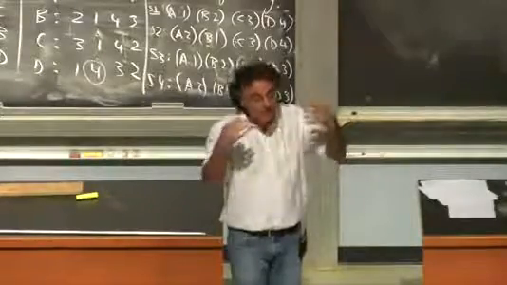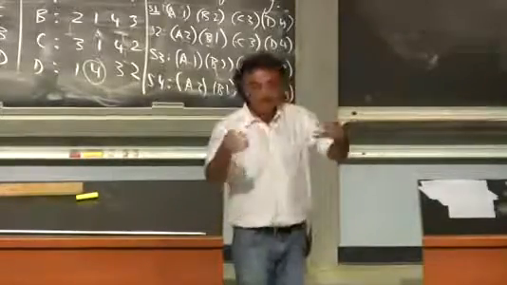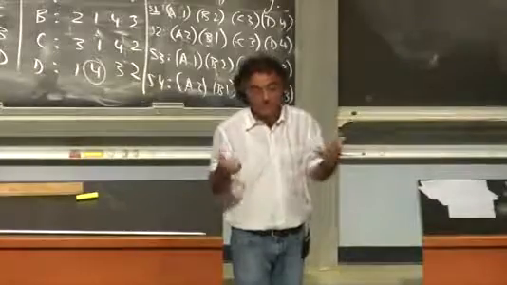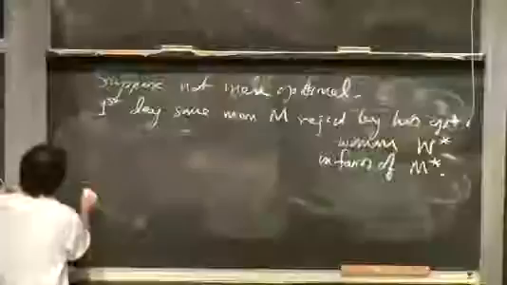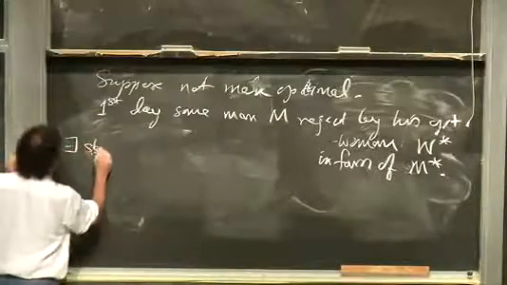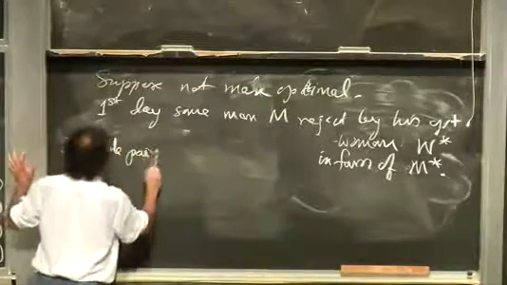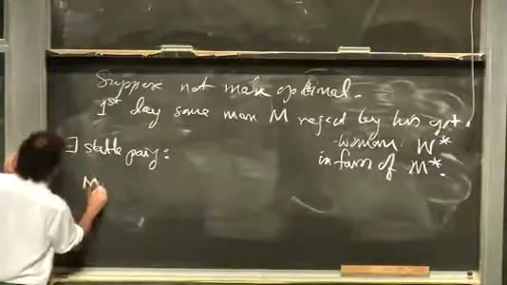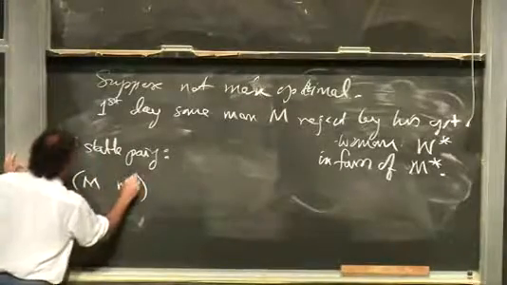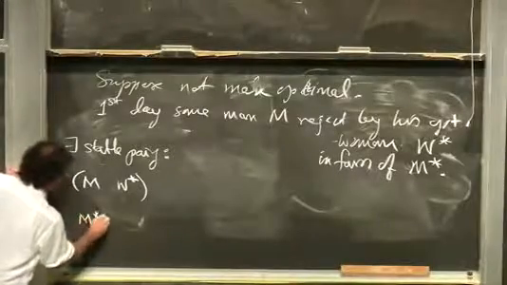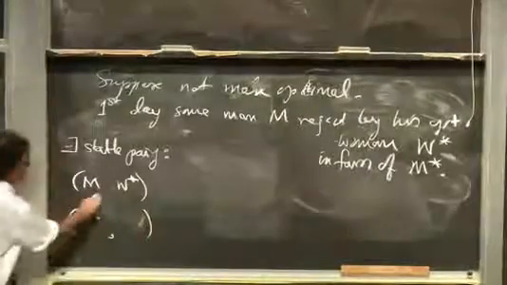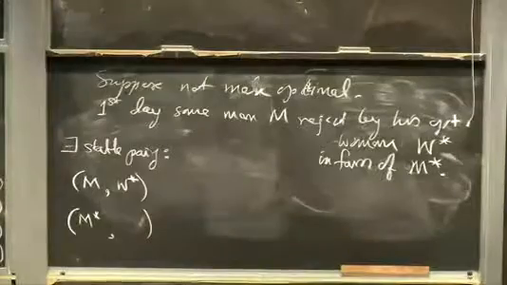There must be some stable pairing where M is paired with W star. Otherwise, she couldn't possibly be optimal. She might not even be feasible. So there exists a stable pairing such that M is paired with W star, and M star is paired with somebody else. This must be a stable pairing.